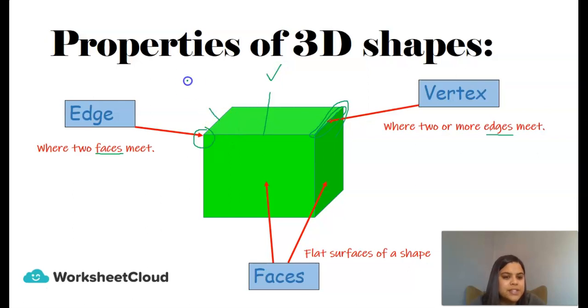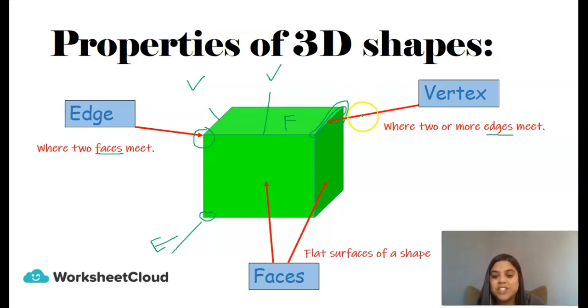So when we look at the shape, we can actually see that there's a vertex there. There will be a vertex there as well. There'll be an edge right over here. I'm going to label it as E. And then as you can see, the faces are the flat surfaces of the shape. So an edge is like the little corners on the side there where the faces meet.